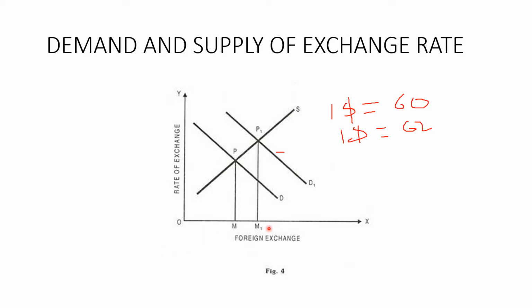If the country's exports increase, foreigners' demand for Indian currency increases. So there is a depreciation in the value of Indian currency, and that's the reason the foreigners are demanding more Indian currency from M to M1.